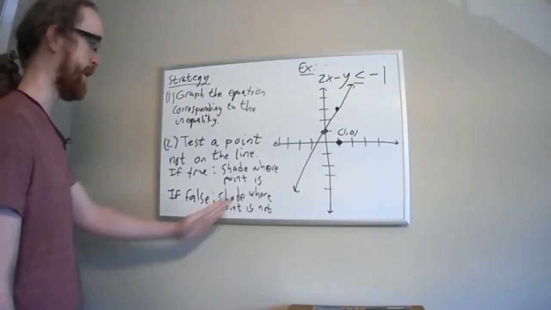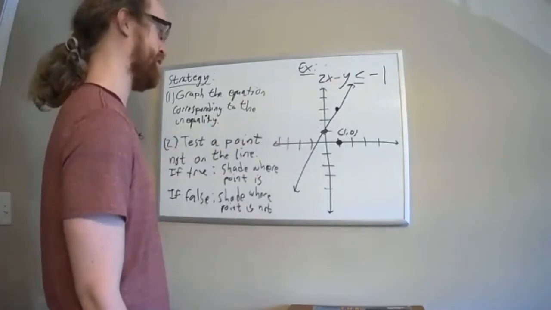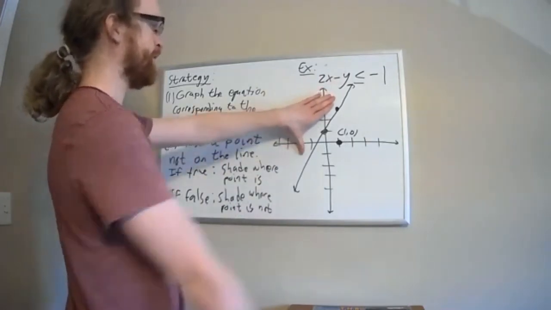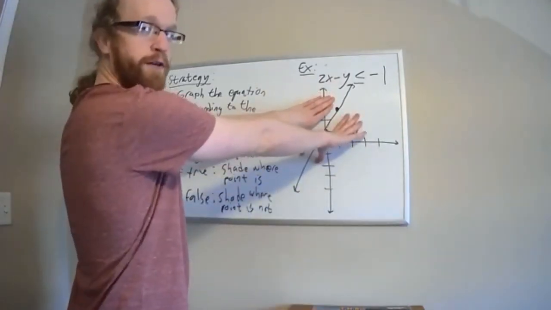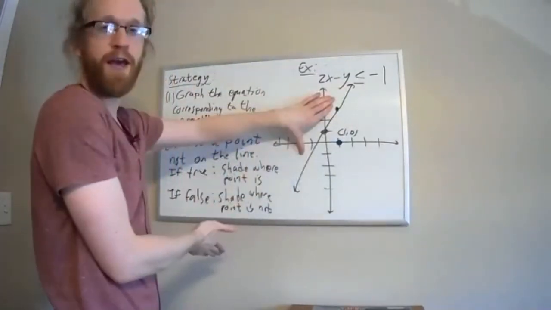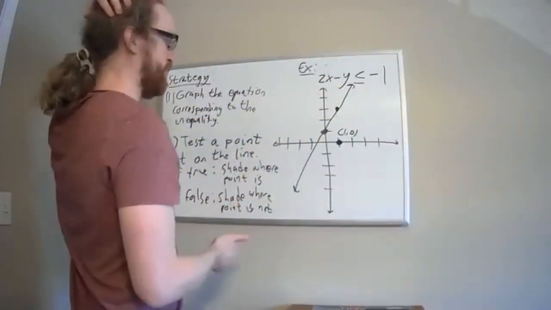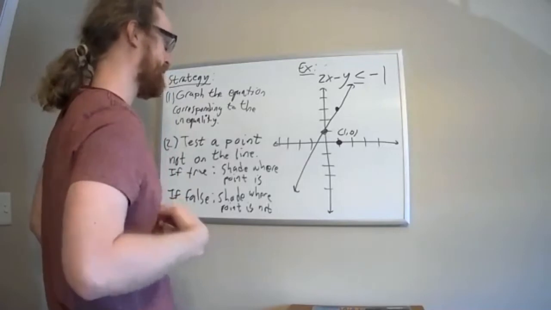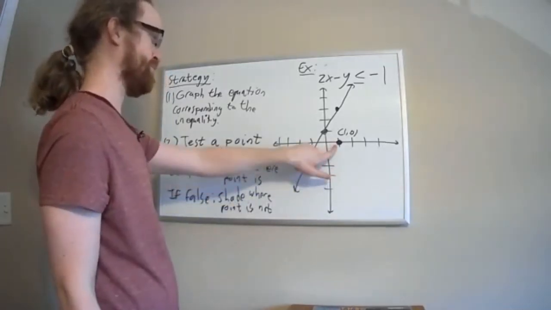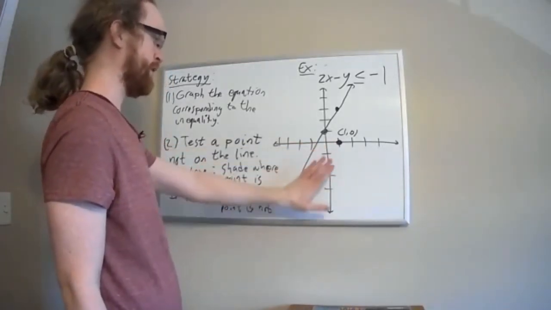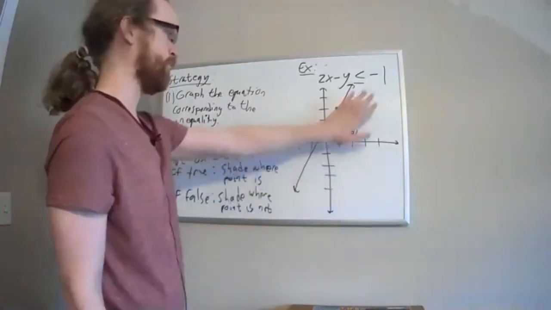Now notice the line cuts the plane into 2 pieces, right? There's this piece over here above the line, and this other piece over here below the line. It just cuts the plane in half, and it has 2 sides. The point is that if I get a true statement when I plug in this point, then I'm going to shade this entire half of the plane where this point is.